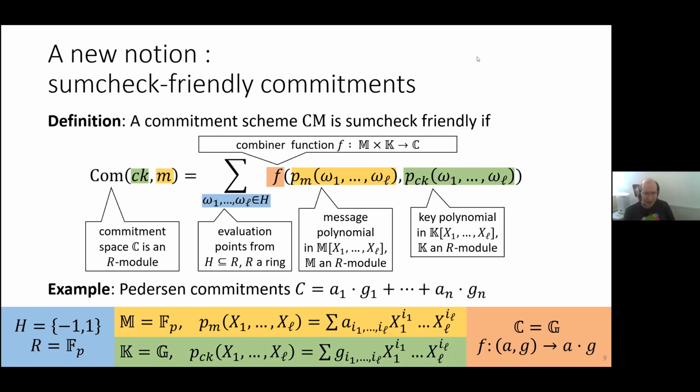Where does H equals -1, 1 come from in the Pedersen case? A bit later, I'm going to talk about the protocol that you would run on this very example in a bit more detail.